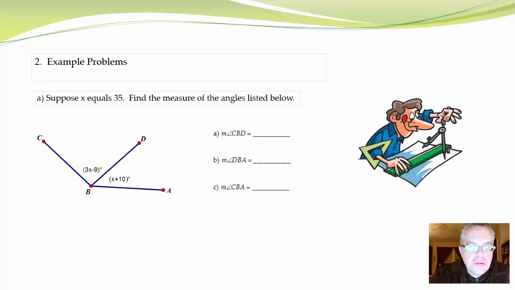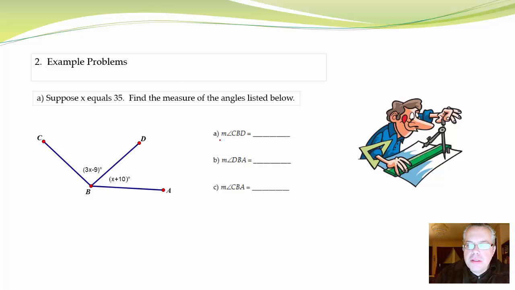All right, we're going to start looking right away at some problems you'll be asked with adjacent angles. Below is a figure. It has 2 angles marked with algebraic expressions, 3x minus 9 and x plus 10. And the question says, if x equals 35, find the measures of all the angles. Okay, well, first off, we have to review a little bit about angle notation.